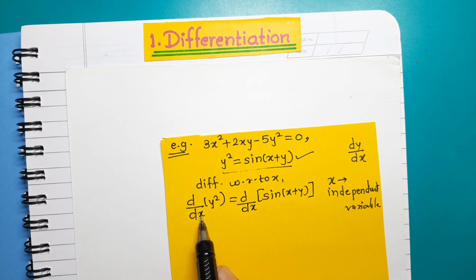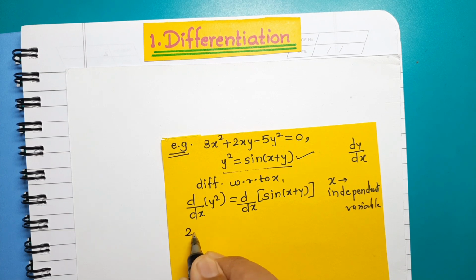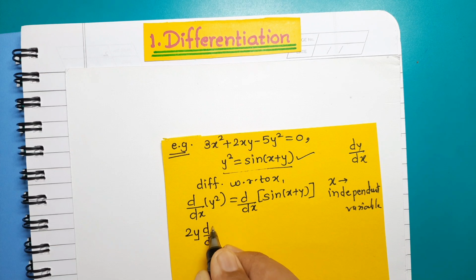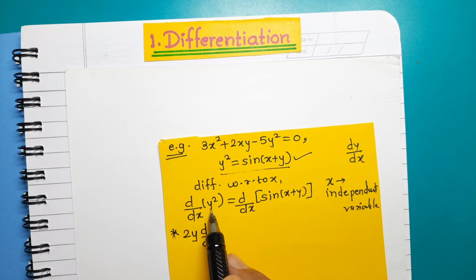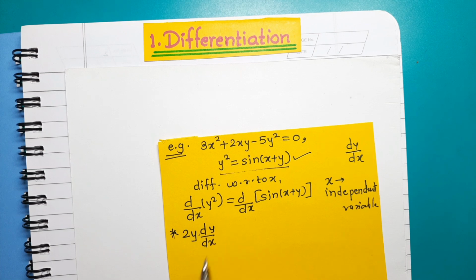So the derivative of something square is 2 into something into the derivative of something, which is y. Note this step. We are treating y square as something square since we are differentiating with respect to x.